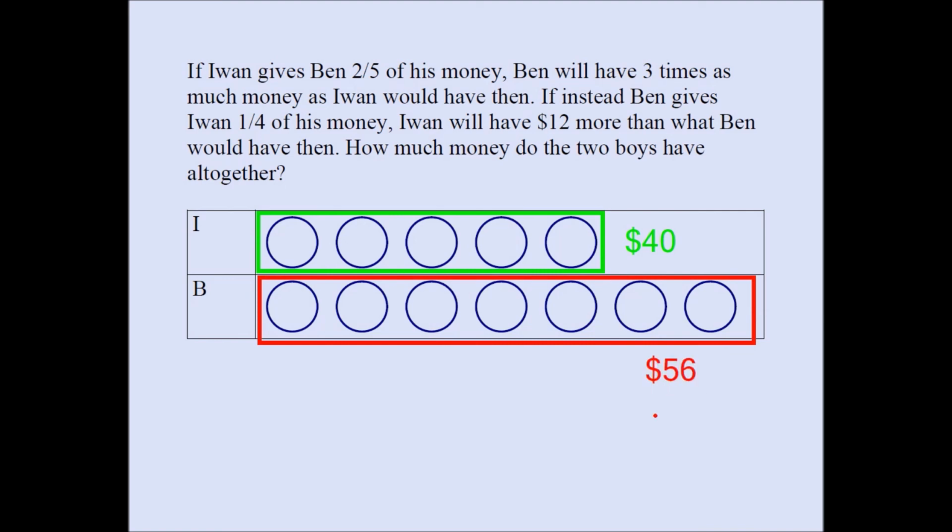So altogether, the two boys had 56 plus 40, which is equal to 96. So altogether, the two boys had $96. That's my answer. The answer to our question is $96.